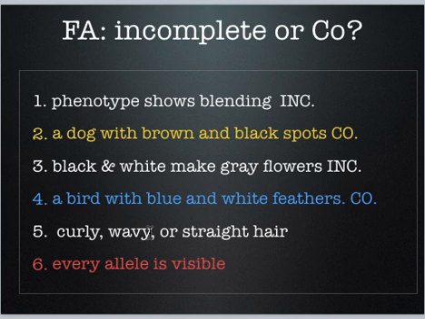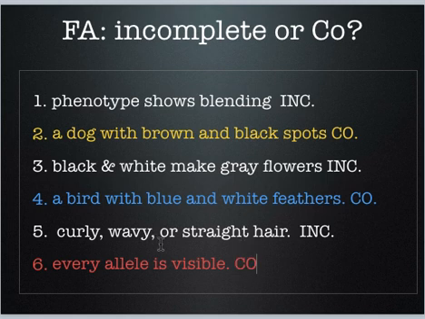This one has 3 phenotypes: curly, wavy, or straight. So that's incomplete dominance: curly, wavy, or straight. Every allele is visible. So which one, incomplete or codominance, is everything visible? Well, if you said codominance, that would be right.